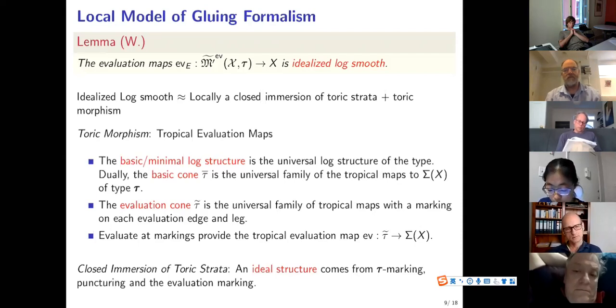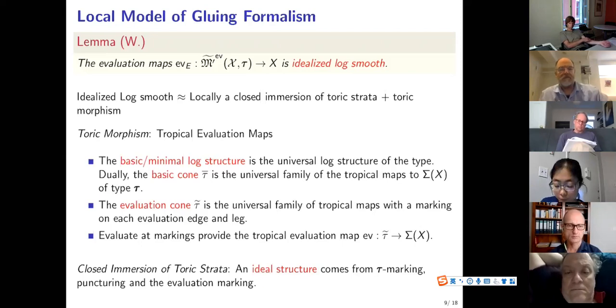As for the closed immersion part of the toric strata, it's related to an ideal structure, which comes from the marking, from the puncturing, and also from the evaluation marking, the additional marking that we add. But in any case, this is totally defined by the tropical type.